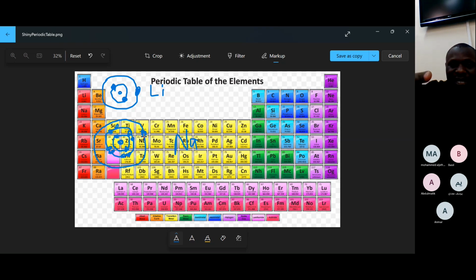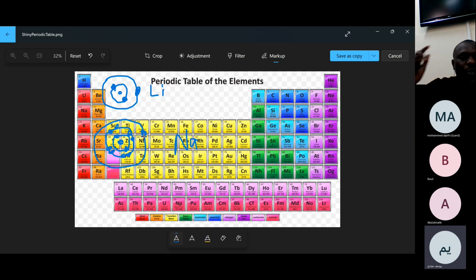In lithium, the outermost electron is strongly attracted to the nucleus, so you require more energy to remove it. So it is difficult to remove an electron in lithium. So lithium will have a higher ionization energy, because ionization energy is the energy required to remove an electron from an atom. Okay? You understand now?